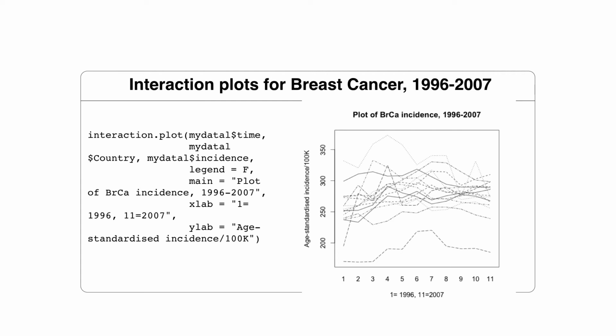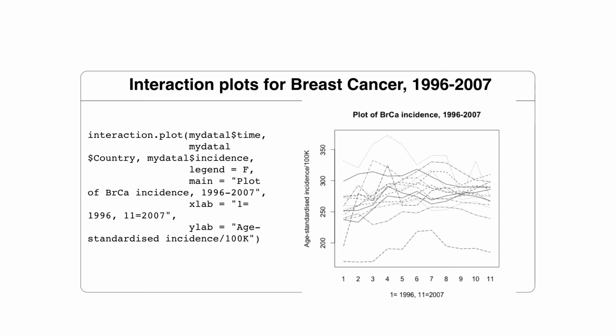And the first argument that we should pass into that function is the time. Because it's a plot and because we are not using the Wilkinson-Rogers formula, we have to indicate what is going to go into our x-axis. As it stands, in our x-axis, we are going to put time.